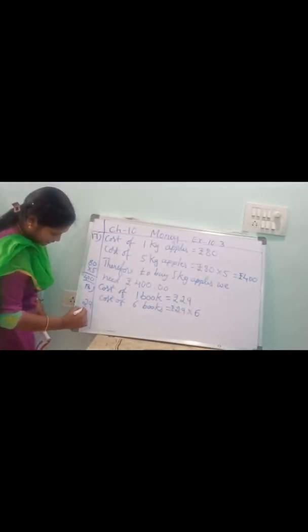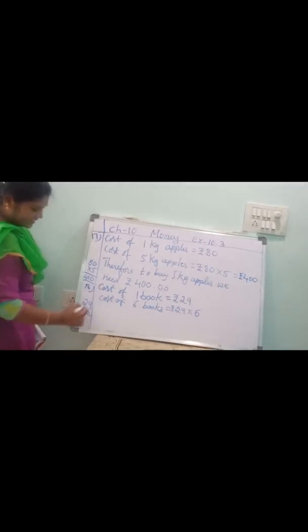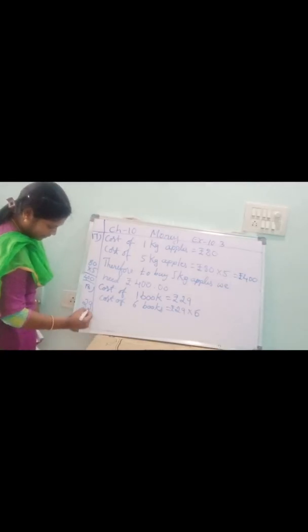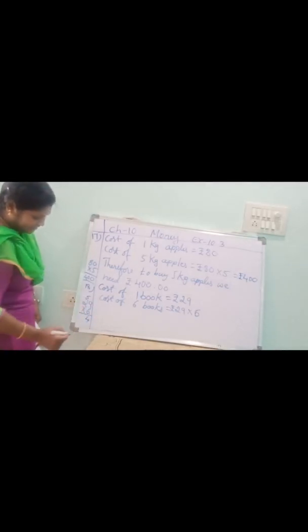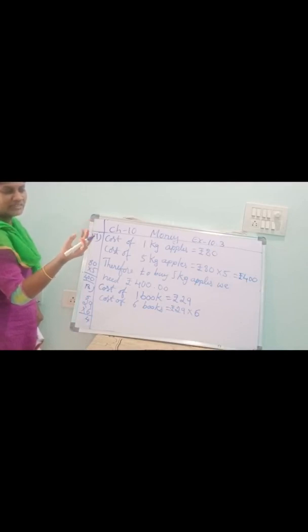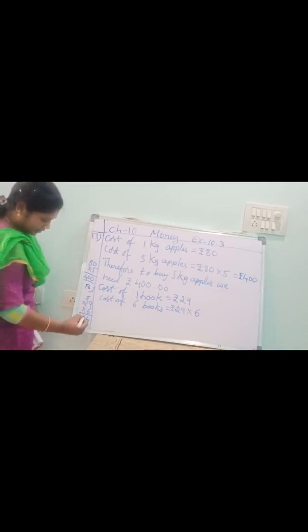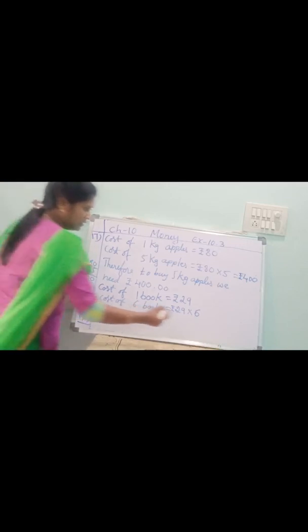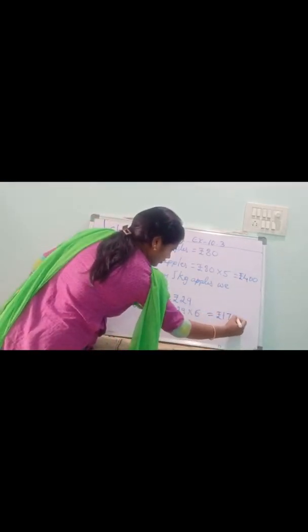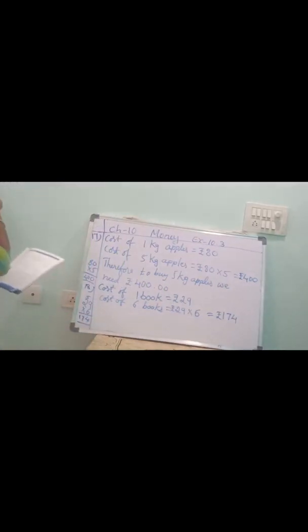29 into 6. 6 nines are 54. 4 here. 5 carry forward. 6 twos are 12. 12 plus 5, 17. What is the cost of 6 books? Rupees 174.